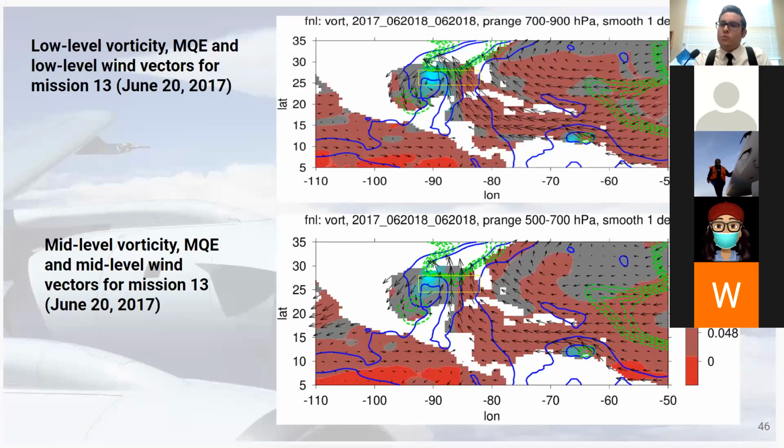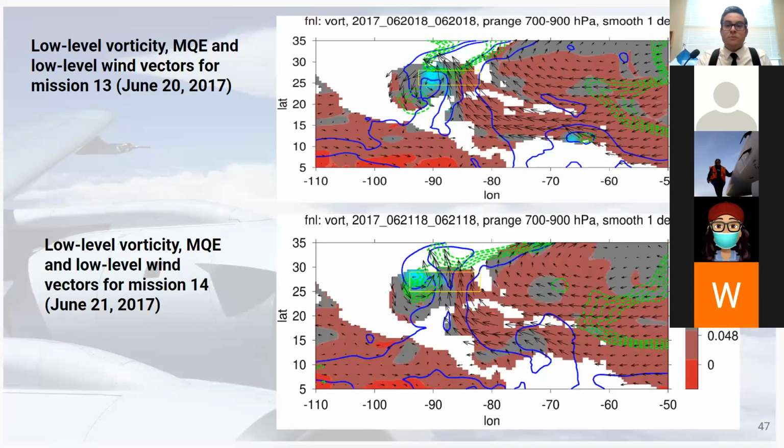Moisture is being fed into Cindy, but what we saw the following day is that the eye is clear. So let's compare how the low-level vorticity, winds, and MQE look for mission 13 and mission 14.